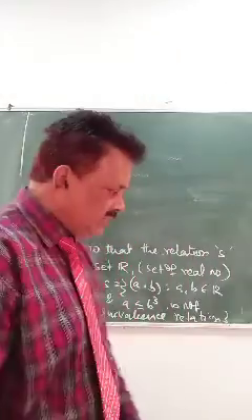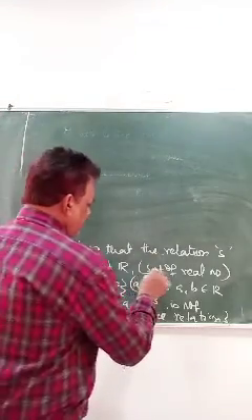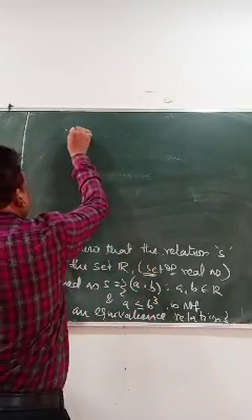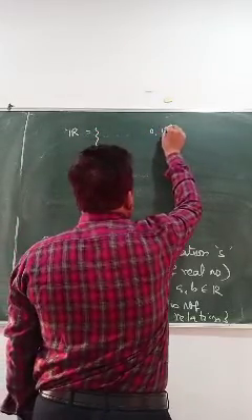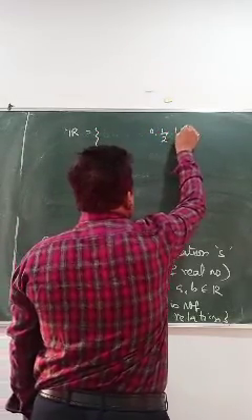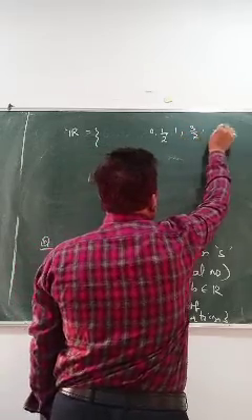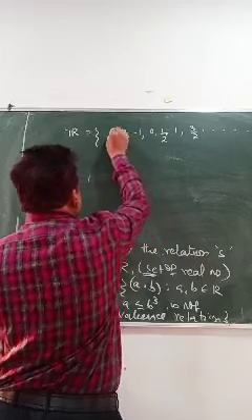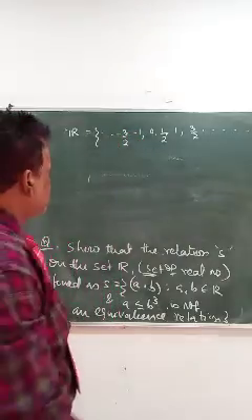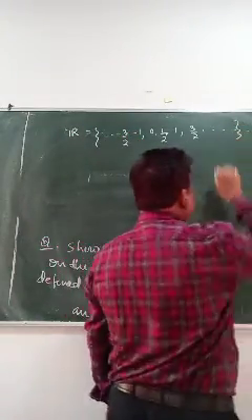Okay, what is your set? Real numbers. You remember R means 0, 1, or 1/2, 3/2, anything you can take, minus 1, minus 3/2, like this you can take. So there are so many elements in this.